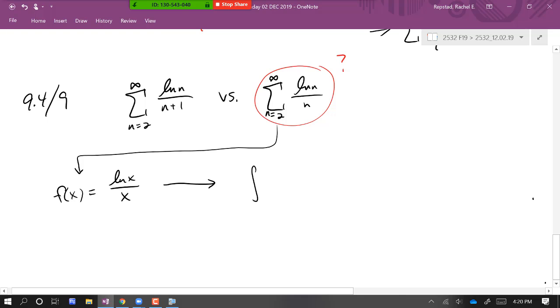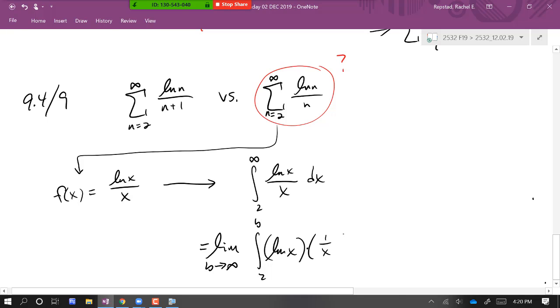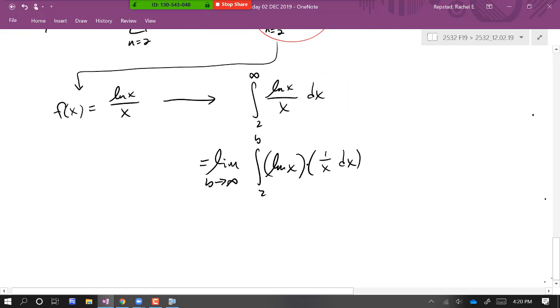So if we look at the integral from 2 to infinity, ln x over x dx, this is the limit as b approaches infinity of the integral from 2 to b. And I'm going to rewrite this as ln x times 1 over x dx, because we can make a u substitution.